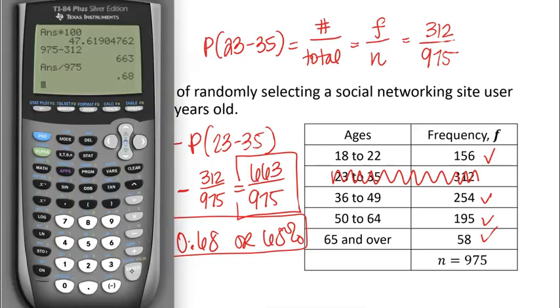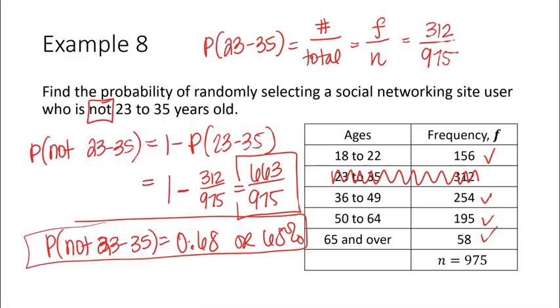Notice I would have gotten the same thing had I done 156 plus 254 plus 195 plus 58. 663 out of my total. Now we're going to see the complement rule kind of be forced on us in some future lessons. But right now we're just trying to hit the highlights. Right now we're just trying to lay the foundation of understanding probability.